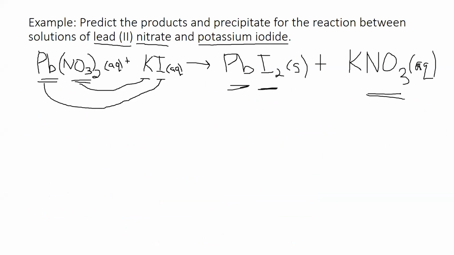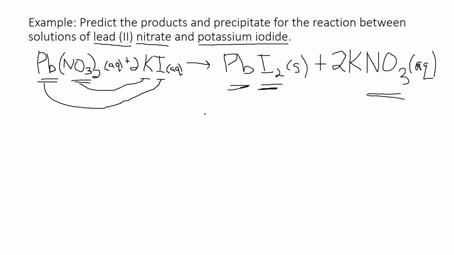I only have one over here, which means I need a 2 on the product side, which means now I have 2 potassiums on the product side. I've only got 1 on the reactant side here, which means I need a 2 there. And I look at my iodide, I've got 2 iodides, and I've got 2 iodides on the product side as well. And so that leaves me with a balanced chemical reaction, okay?